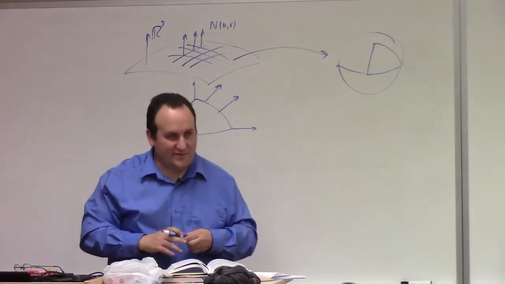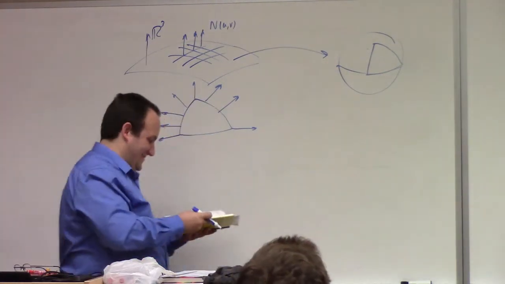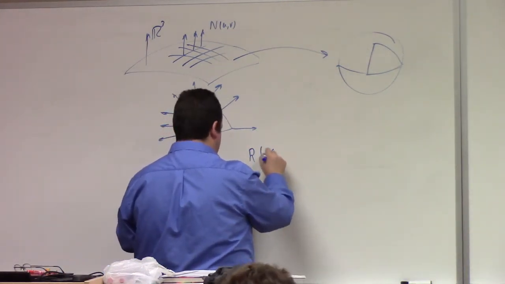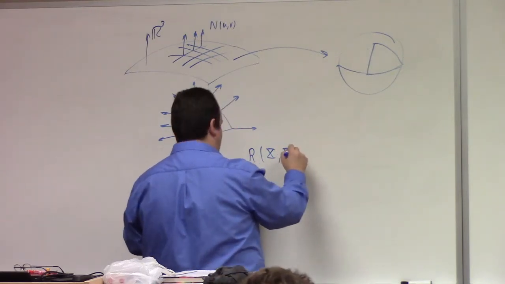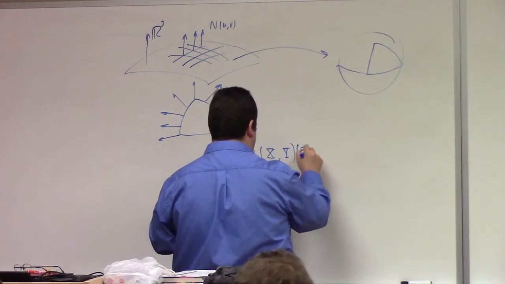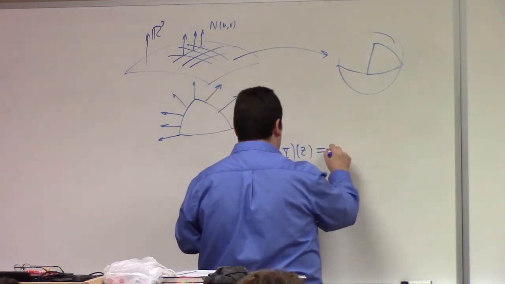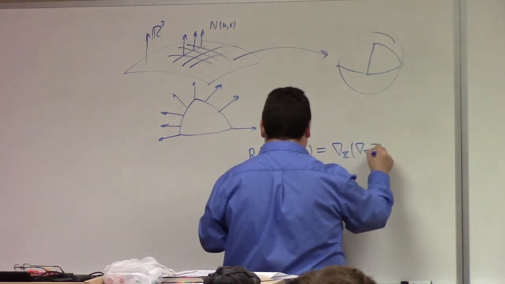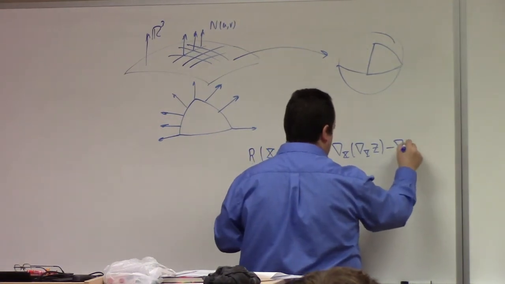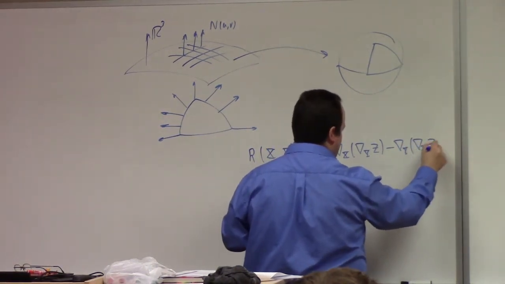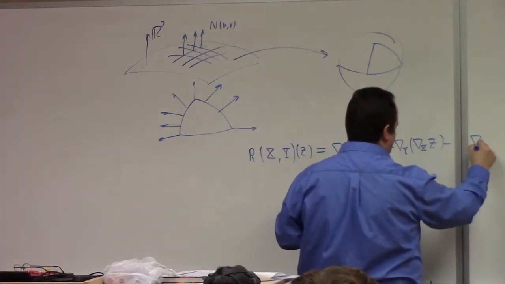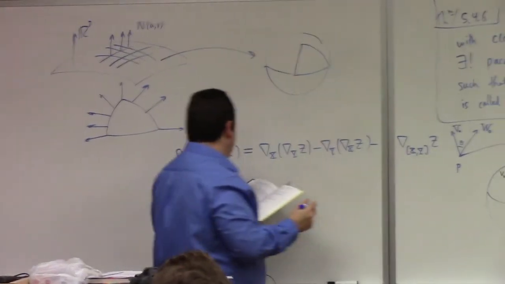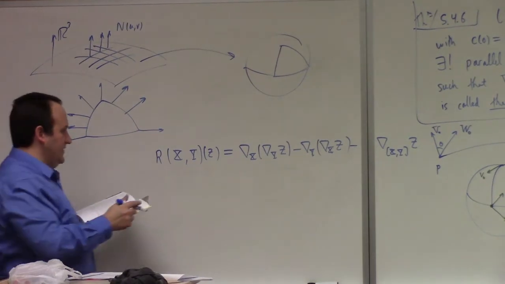Anyway, in contrast, the curvature is the following: R of x comma y acts on z according to the rule nabla x of nabla y of z minus nabla y of nabla x of z minus nabla of the Lie bracket of x and y acting on z.